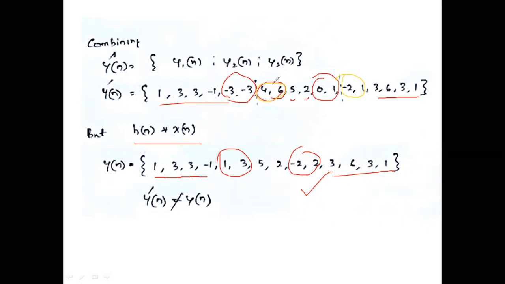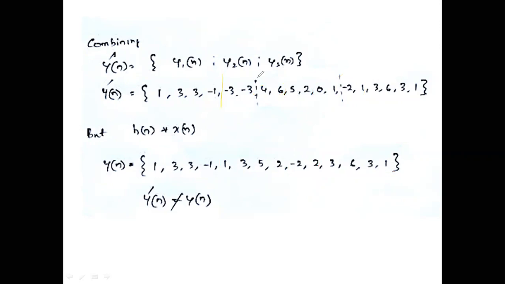Now see, what do we have to do to get the correct answer? What if I add these two? See now the problem area. Now what shall we do to get the proper answer? Minus 3 plus 4 is plus 1.